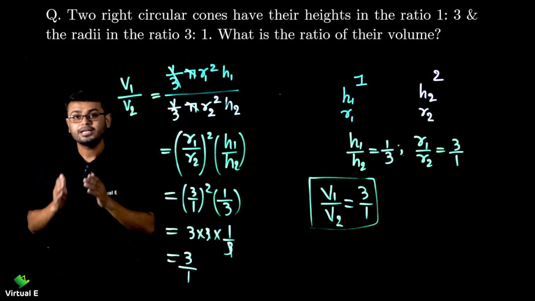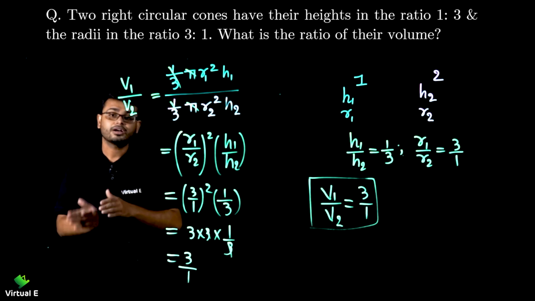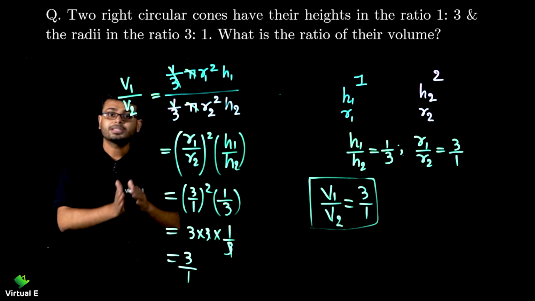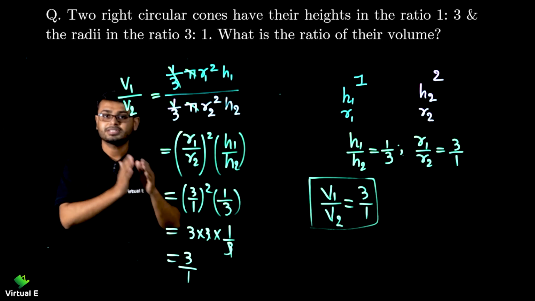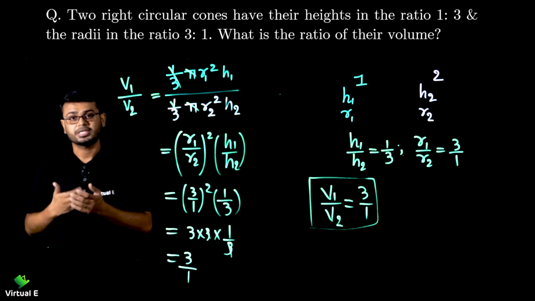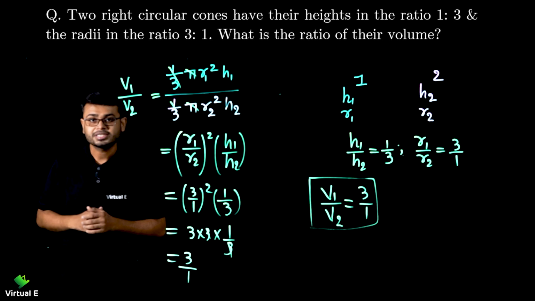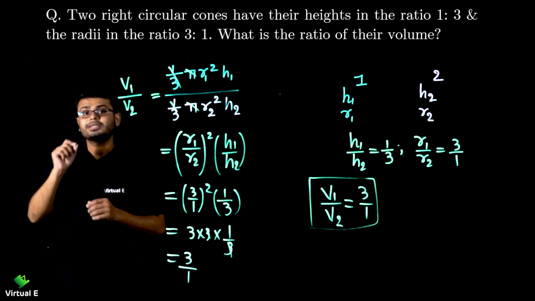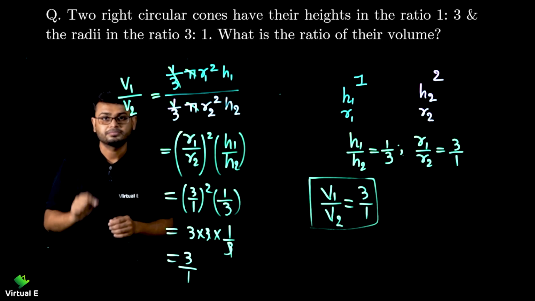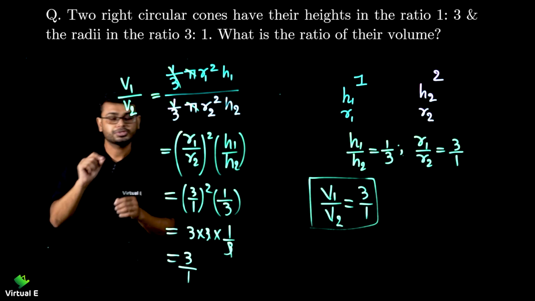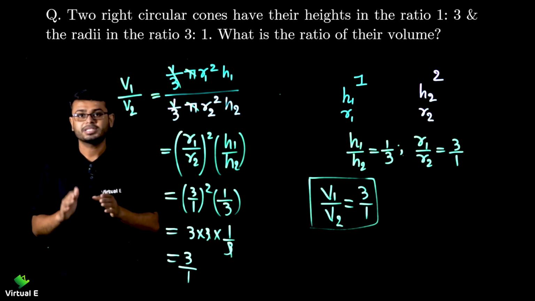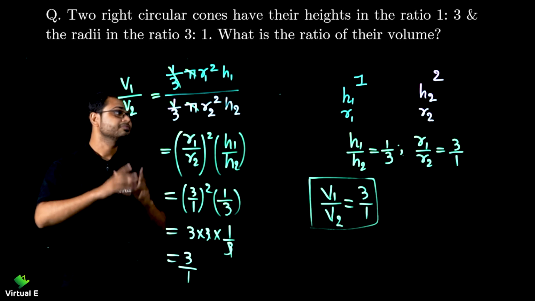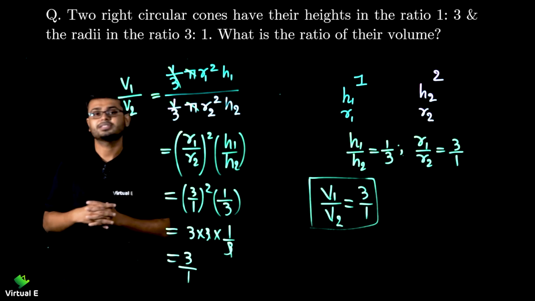If we are melting one shape and converting it into another one, what are the dimensions of it? Some quantities are given, some quantities are missing. Then we learn a very important concept this year, which is volume and surface area related to frustum. There are chances of this kind of questions coming. Very important because this topic is there in grade 10. So this is chapter number 13, surface areas and volume.